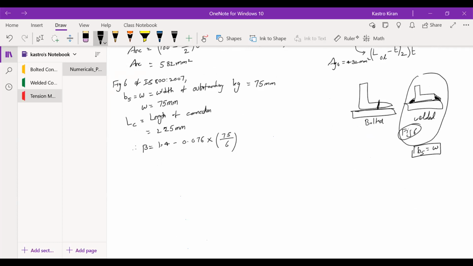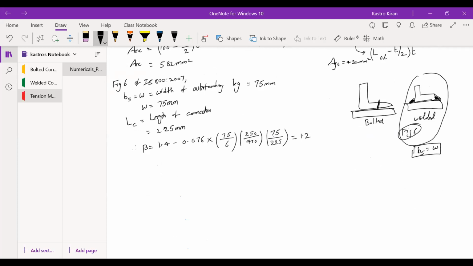Fy value is 250 megapascals and Fu is 410, into Bs value is 75 and LC is 225. If you solve for this, you'll obtain the beta value as 1.2.